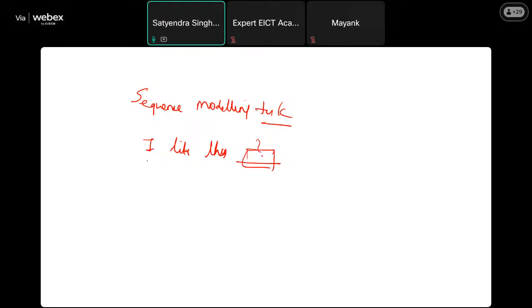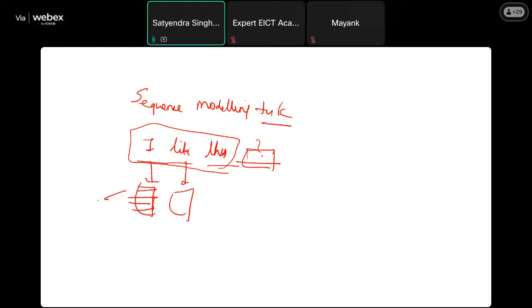That depends on the previous tokens, previous inputs, and those tokens can be represented by a number. You might have studied in previous sessions that these words are represented by a numerical representation, popularly known as a word embedding.